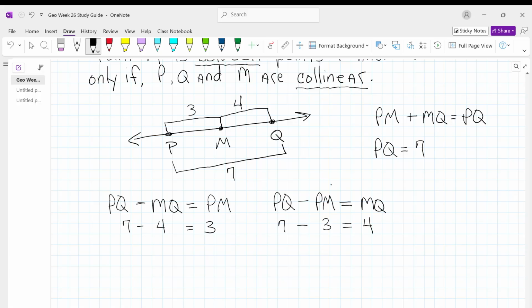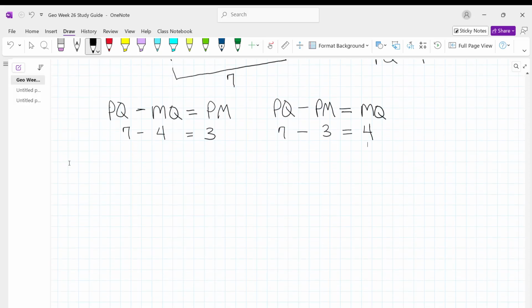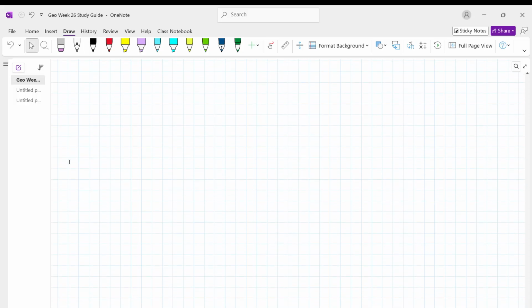All right, so let's try. I'm on the top of page 16 right now, and example 4 asks you to find AB. You're given this drawing.